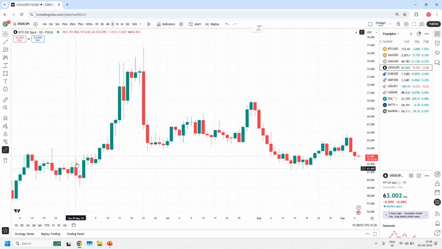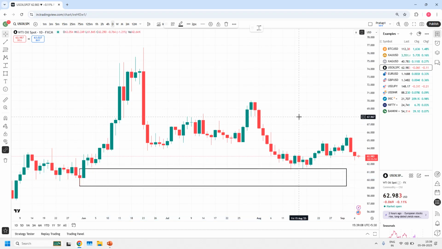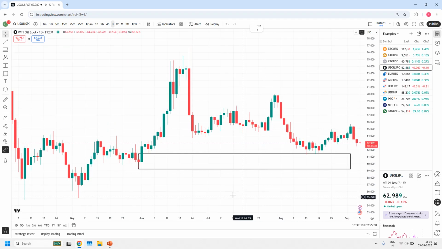This could be the leg-in, and this is the base candle and a rally candle. That way you can draw a zone. This is the demand zone.